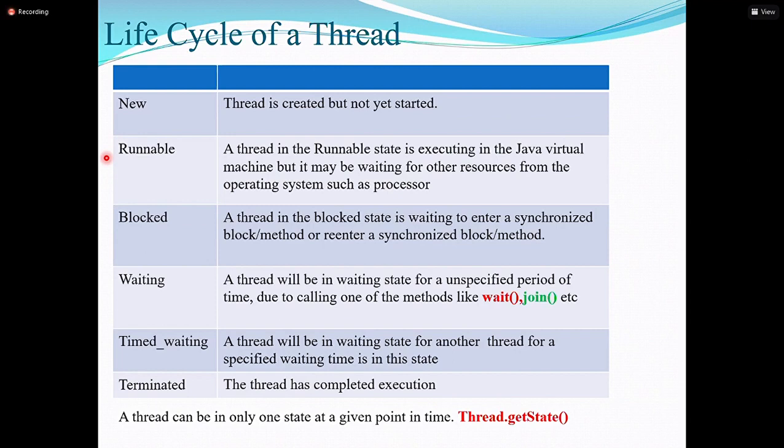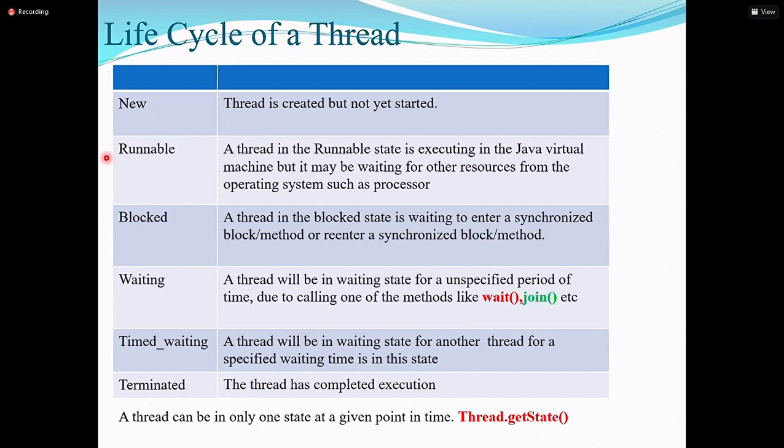After that, blocked state. We can pause or else we can stop the thread execution. Whenever we are stopping the thread execution, the thread will be in a blocked state. We can also make our thread execution pause for some predefined amount of time. I'll show you all those concepts also.